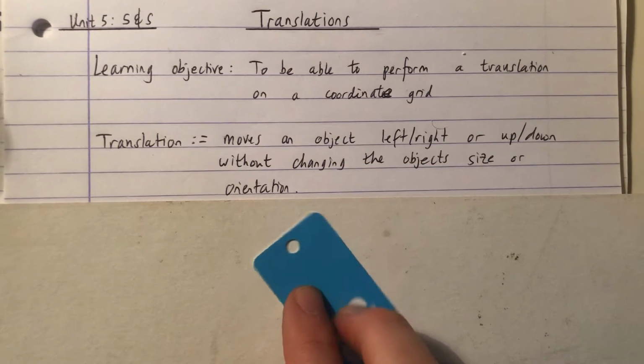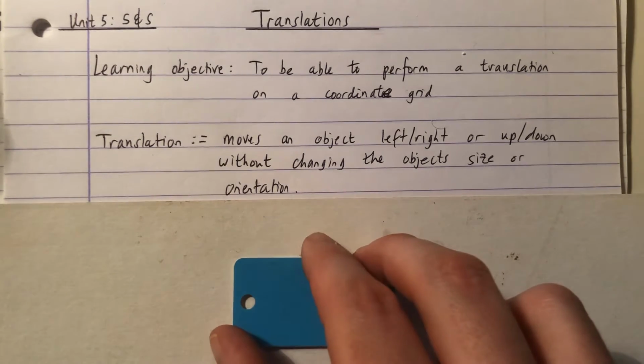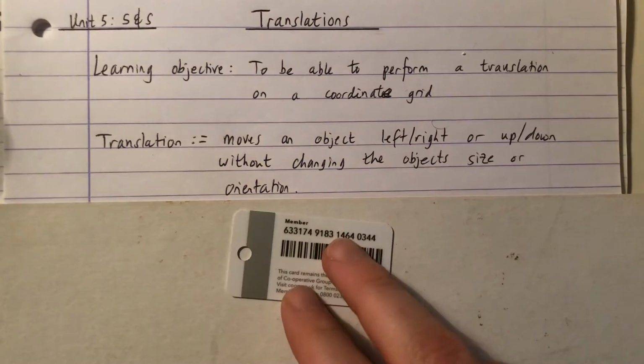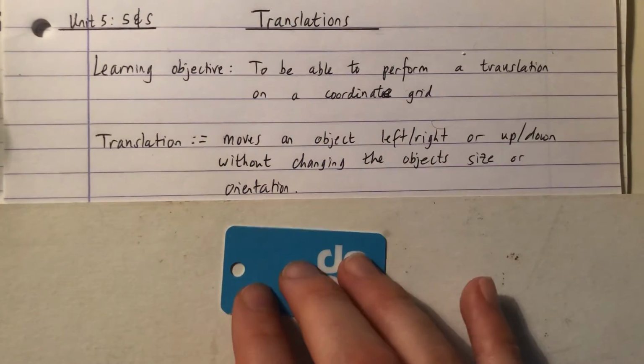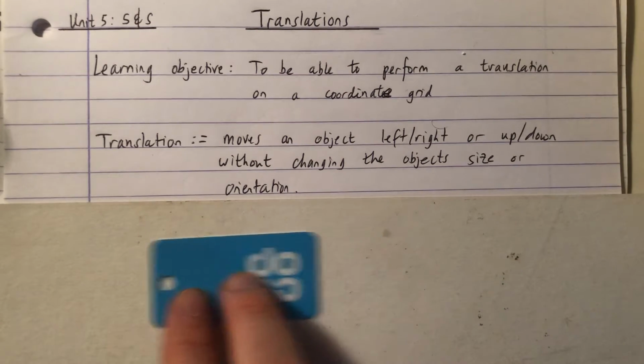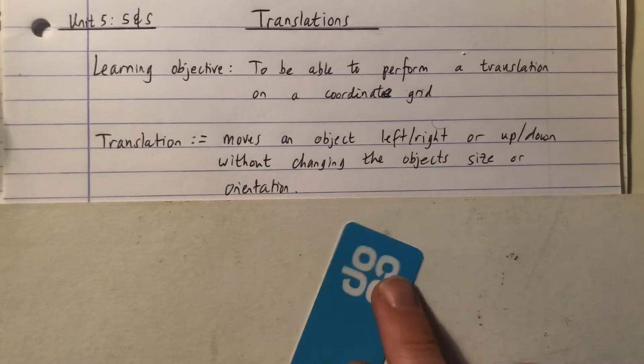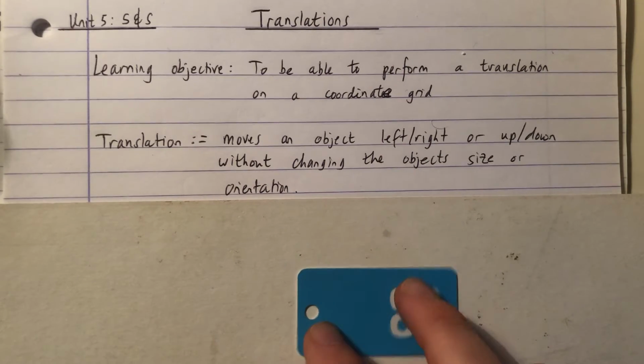But what it can't do is spin the object, can't reflect the object, and it definitely can't change the size of the object, so we want to stretch it out. So it's just going left, right, up, down, no spinning, no rotating, no reflecting, and no enlarging.